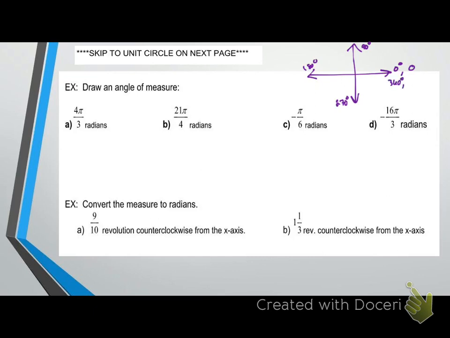Now, to fill in the radians measure, I'm going to work backwards. I'm going to ask you again, in terms of length, how far do you go if you go all the way around a circle? And hopefully you're thinking 2 pi. So that radians measure is going to correspond to 360 degrees, 2 pi. Okay? Well, take half of 2 pi and you're going to go half a circle. Half of 2 pi is pi, half a circle is sitting right here at 180 degrees.